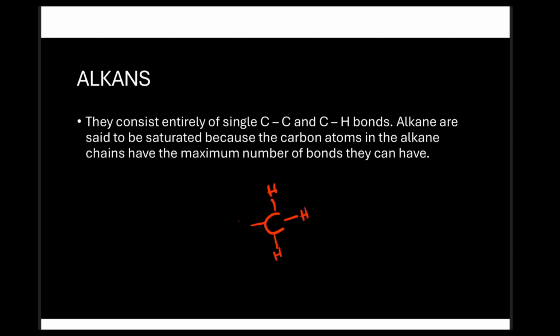So in this case, we have our carbon atom being bonded to hydrogen atoms. Because this central carbon atom has formed the maximum number of bonds it can form, we say that this hydrocarbon is saturated.